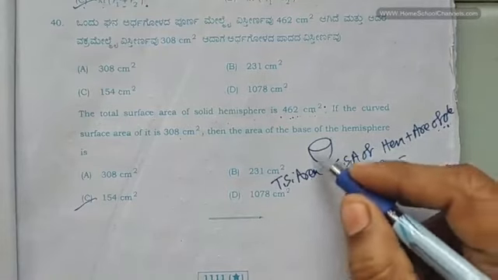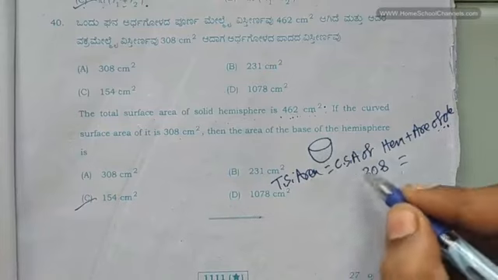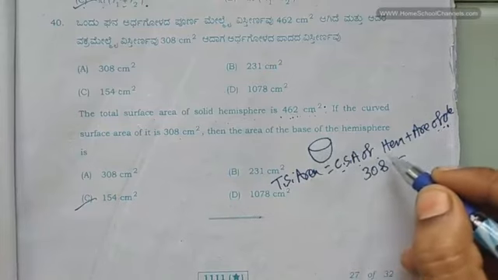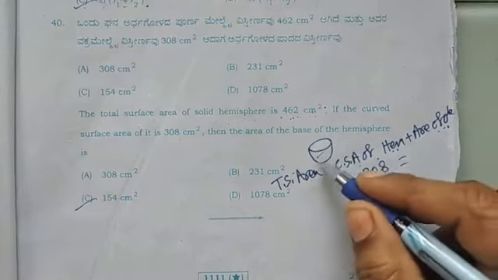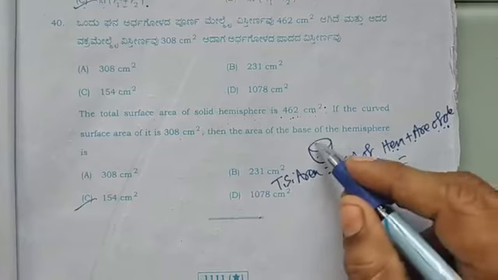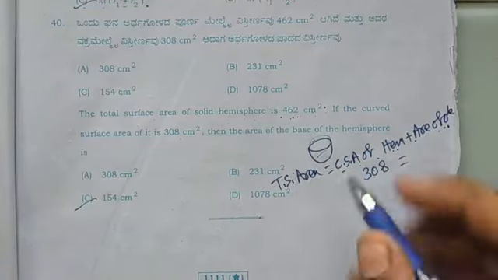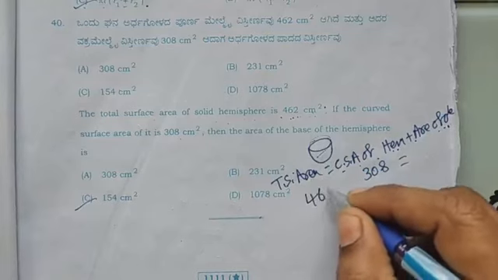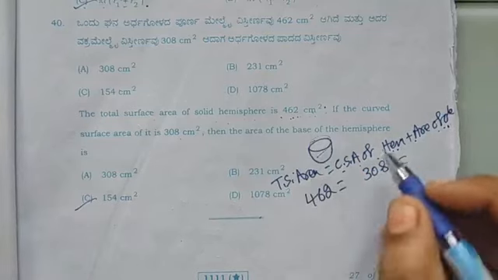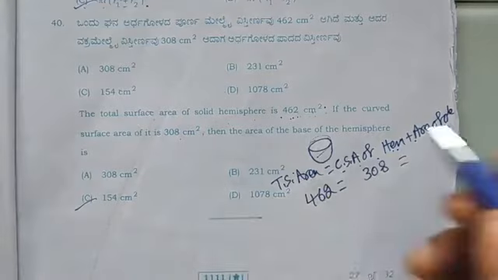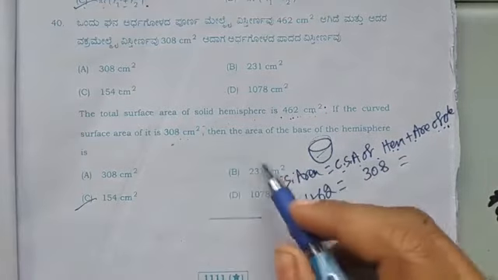Total surface area of the solid hemisphere is, formula you can take, CSA of a hemisphere plus area of the top circular base, right? They have given total surface area, how much? 462 is equal to, CSA of a hemisphere is also given, 308 centimeters square.